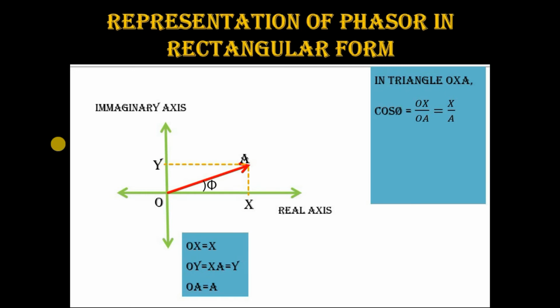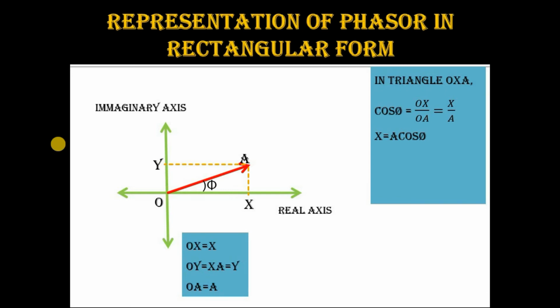Cos phi is the adjacent side divided by the hypotenuse. The adjacent side is OX, the hypotenuse is OA, so OX by OA. I told you earlier, OX is denoted as X, OA denoted as A. So how to find X from this equation? X equals A cos phi. So the x-axis component is A cos phi.